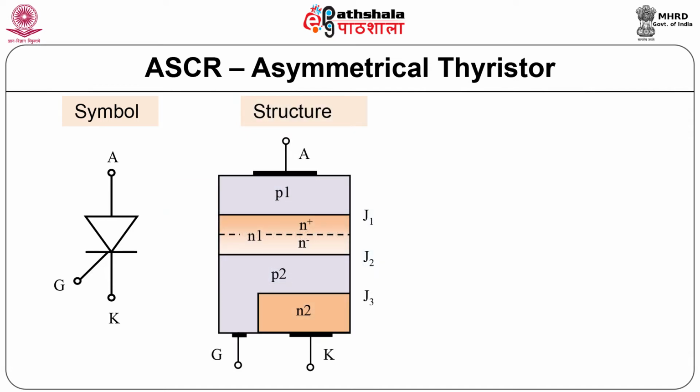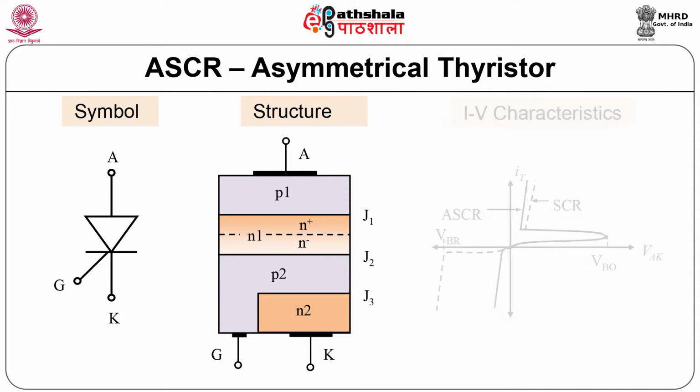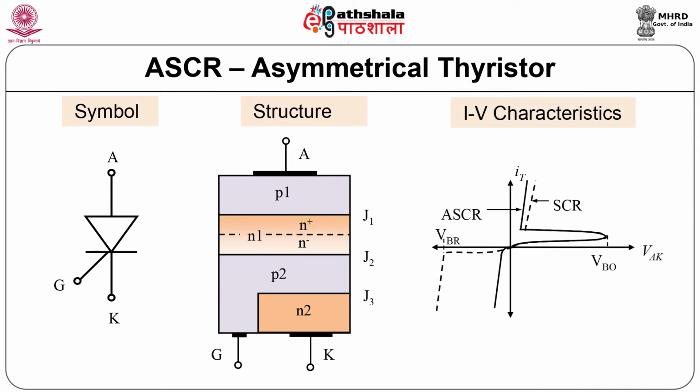The symbol and the structure are shown in the figure. The IV characteristics are similar to SCR, but the reverse characteristics are different from the SCR. So, its reverse voltage capability is low.